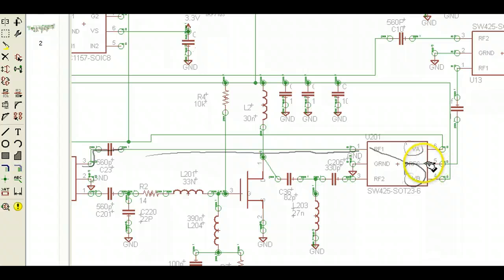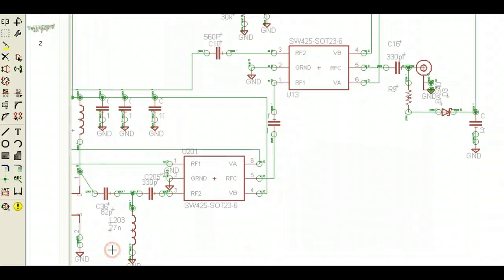The RF proceeds out of this switch to the final transmit receive relay switch. So moving over here, the energy comes out of this switch, this way, out of this, and this is again another switch.